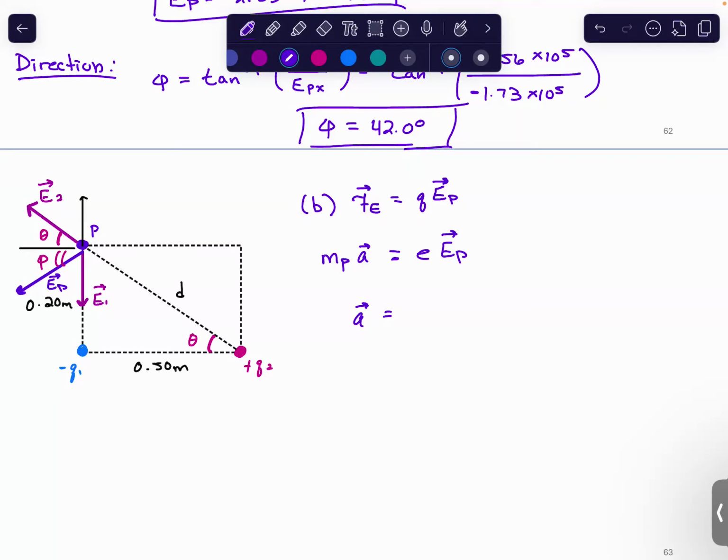And so this is going to mean that I'm going to have E over the mass of a proton times the X component of the electric field plus E over the mass of a proton times the Y component. And that'll give me my I hat and J hat for the acceleration of the proton.